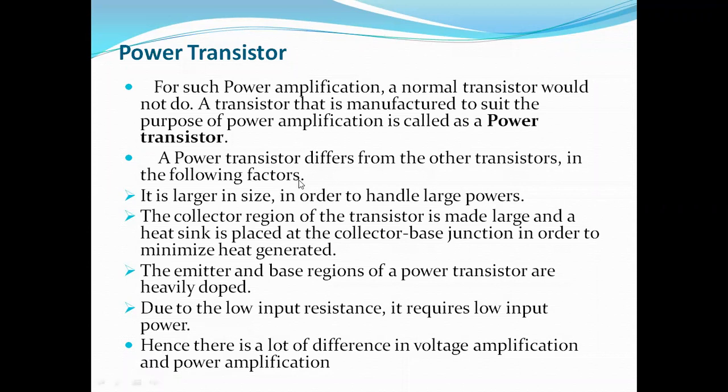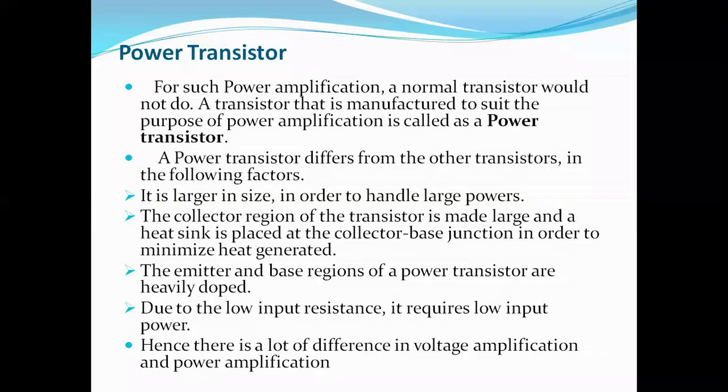And next, the emitter to base doping is also different compared to the normal transistor. Here the emitter and base regions are heavily doped. Doping means you are adding some impurities to the region.